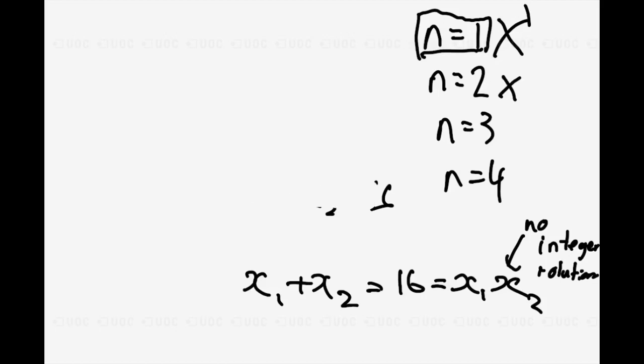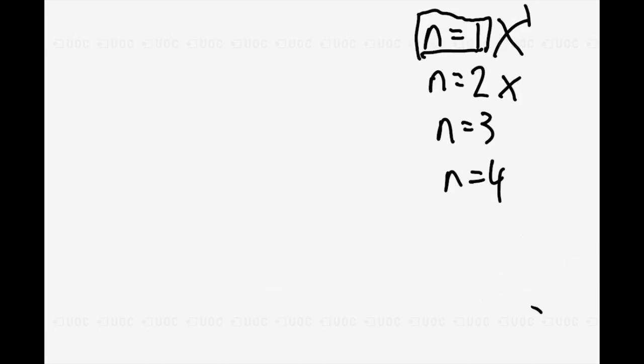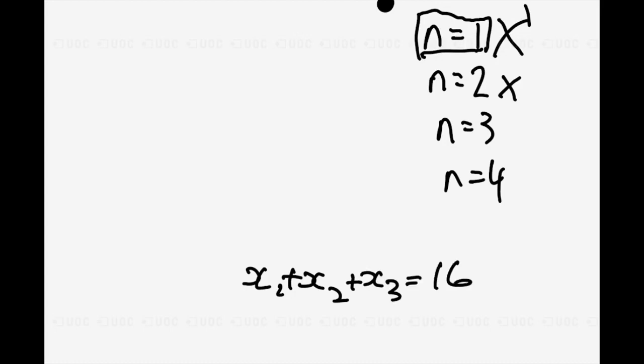Now what about n equals 3? Firstly, we have x1 plus x2 plus x3 is 16. So by using the pigeonhole principle, we can say that 16 over 3 plus 1 is equal to 6.